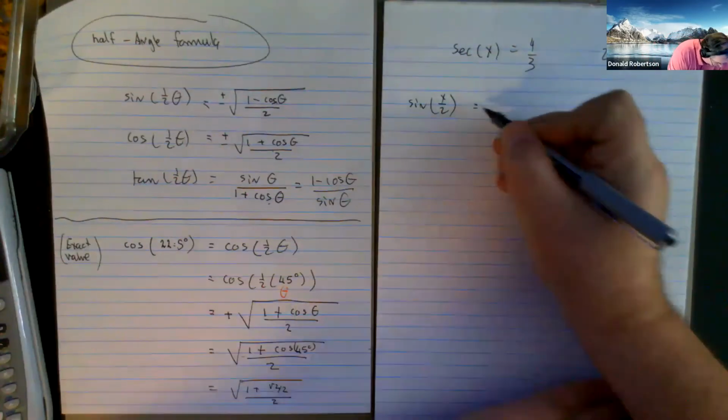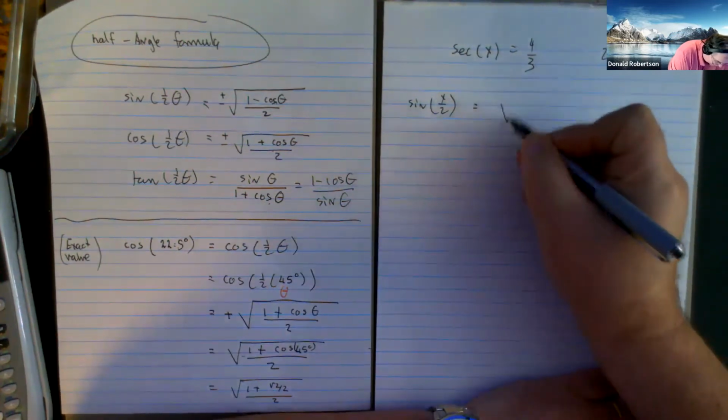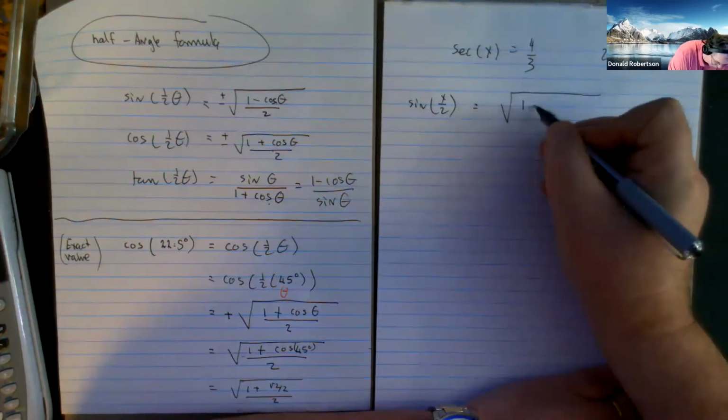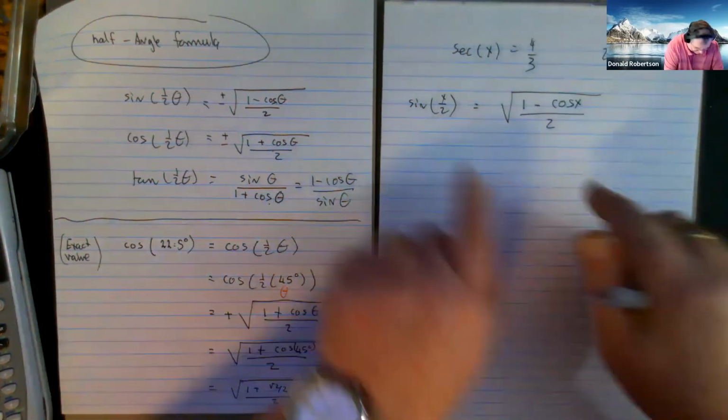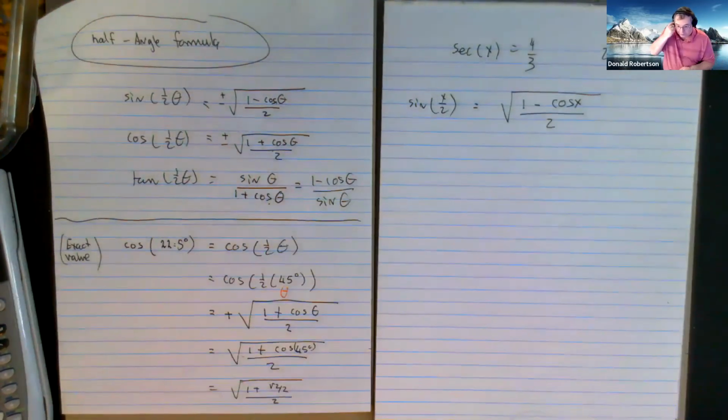So it's a half angle formula essentially. And the formula is going to be plus or minus, still to be decided, the square root of (1 take away the cosine of x) over 2, because if the angle's called x, my formula should be called x, right? Yeah.